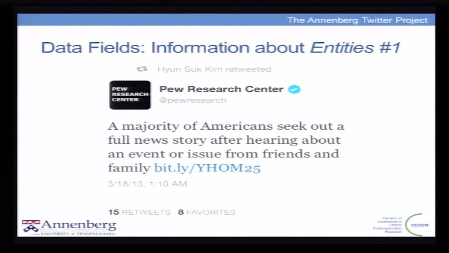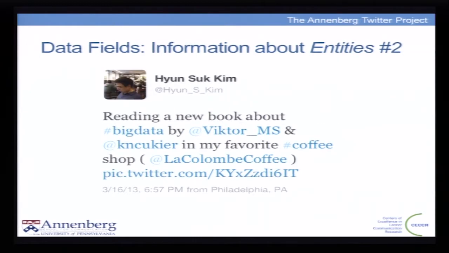The third category is called entities. For example, we are collecting URLs embedded in the text. The second example is hashtags. For example, I used hashtags like big data and coffee.